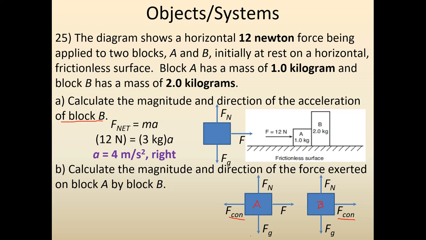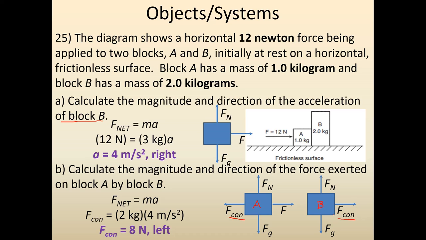So that's what I'm going to do. You're going to see me do this a lot where I choose the simpler of the FBDs just to make my life easier. Once again, I do F net equals ma. For block B, the only force is that contact force, and it's affecting the 2 kilogram mass. Plug in the acceleration, and end up getting 8 newtons to the left.